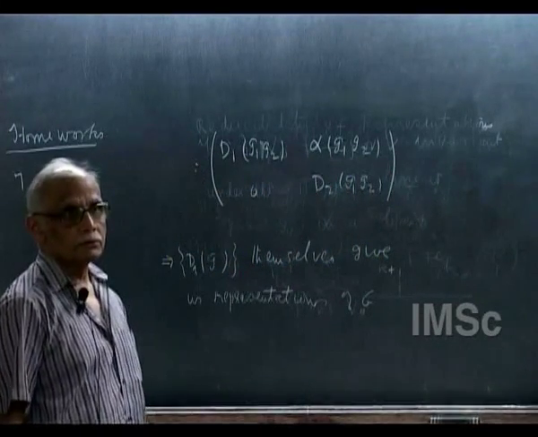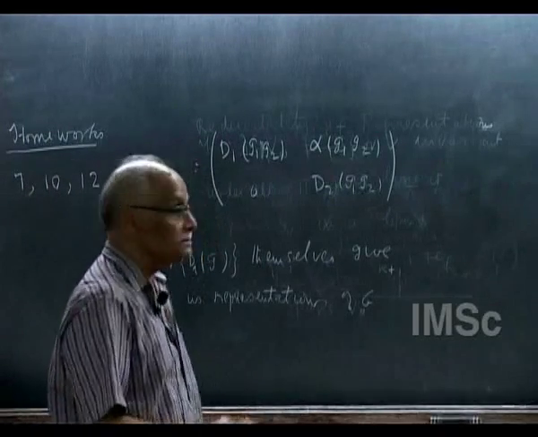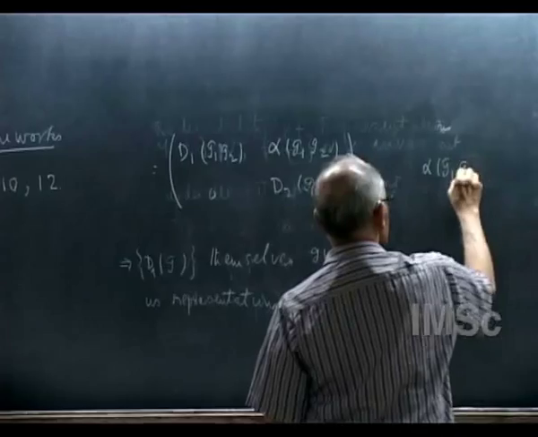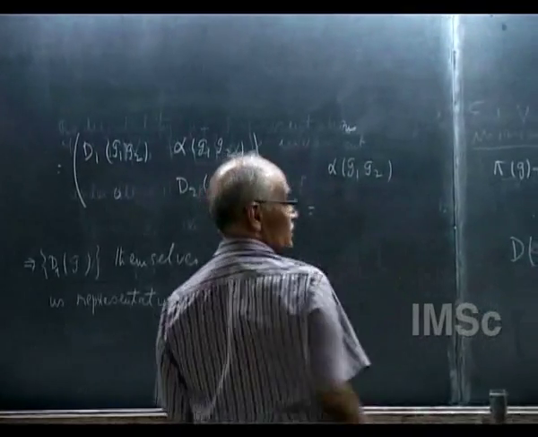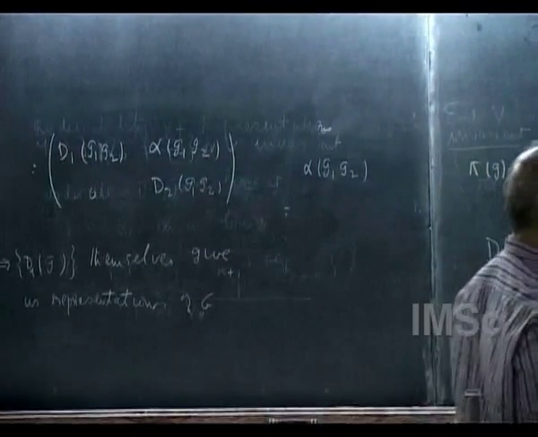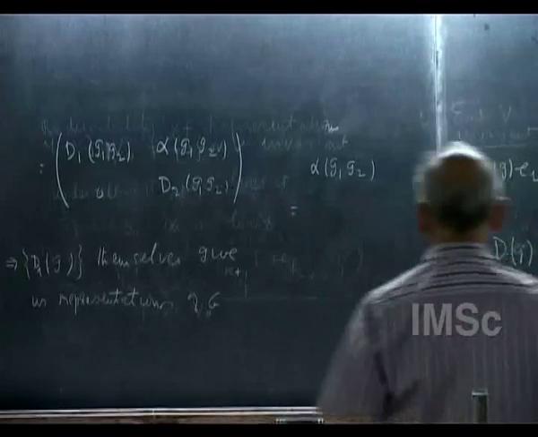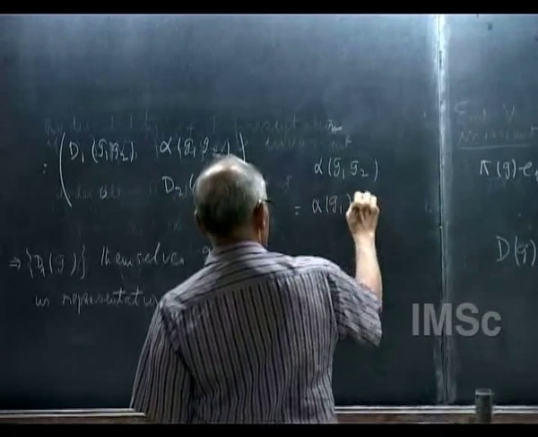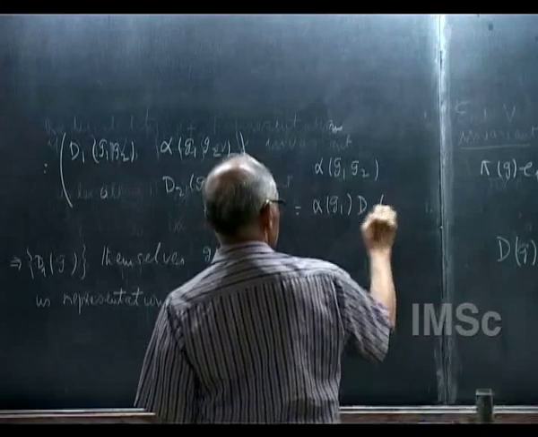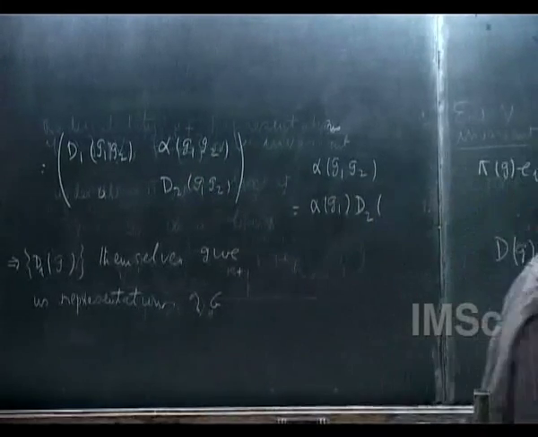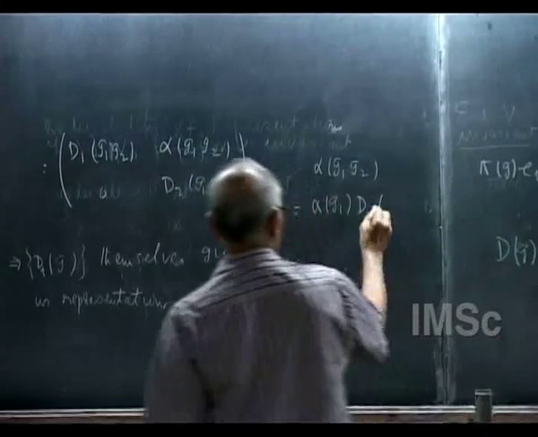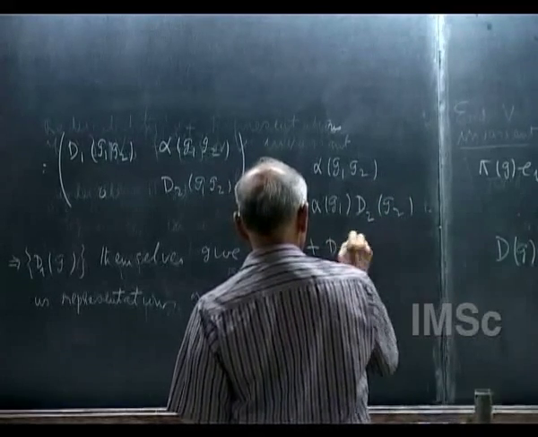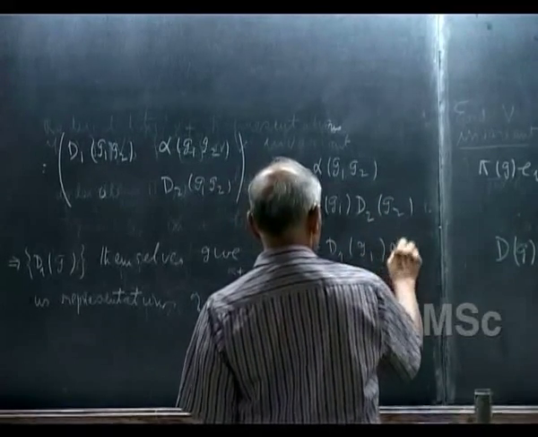Okay. But with regard to alpha, it is rather strange. We are getting some equation, which is alpha(g1, g2) is, as written there, D(g1) alpha(g2) plus alpha(g1) D(g2).